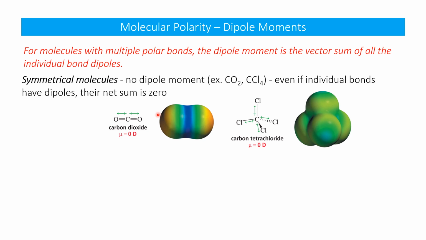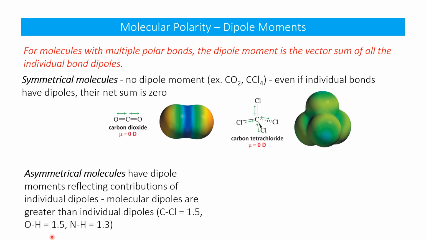Carbon tet is the same thing. All four carbon-chlorine bonds point towards tetrahedral space equally, and so again, a net dipole of zero. However, asymmetrical molecules have dipole moments reflecting the contributions of individual dipoles.